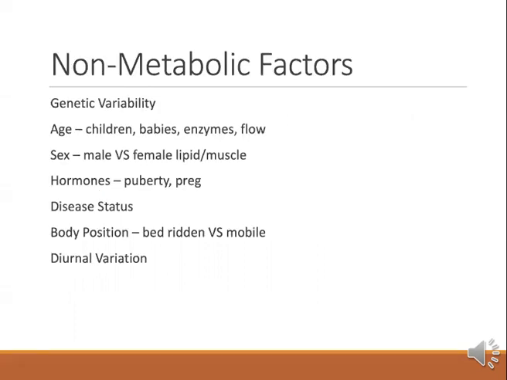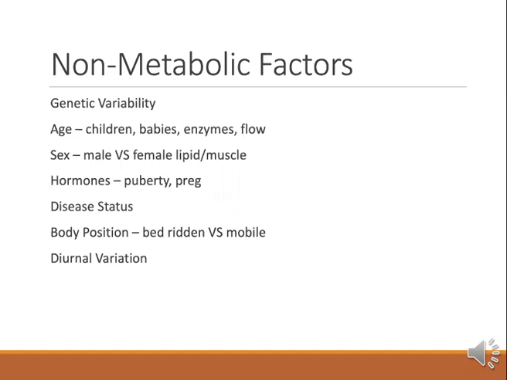So some of the factors that we take into consideration, and these are the non-metabolic factors. So some genetic variability, the age of the patients, children versus babies, they have different types of enzymes, different types of flow. The sex, male versus females, and you would take into consideration the amount of lipid in the body, the amount of muscle mass, hormones, puberty, pregnancy, disease status, major factor.